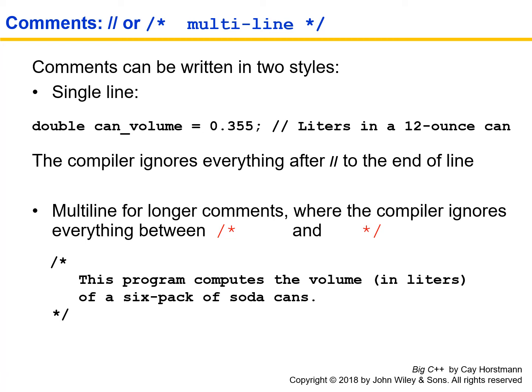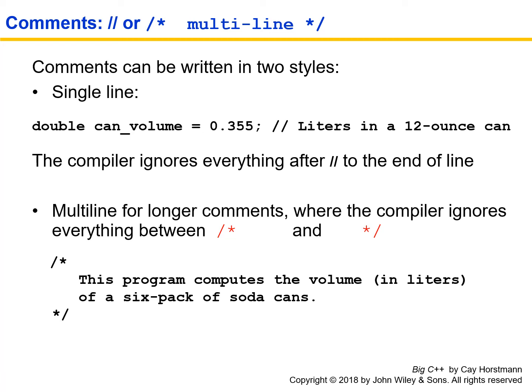There are two styles of comment in C++. The first is called a one-line comment. You put two forward slashes, and then everything from those forward slashes to the end of the line is going to be ignored.